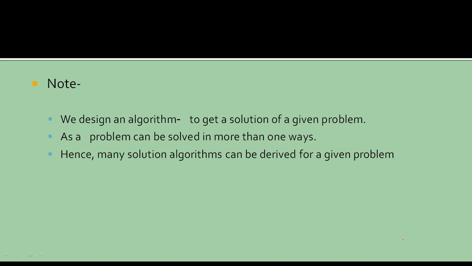So any problem can have multiple algorithms, and a programmer can work on multiple algorithms also. He can develop in C, in C++, or he can develop the algorithm in Java also. So there are certain kinds of things like that.